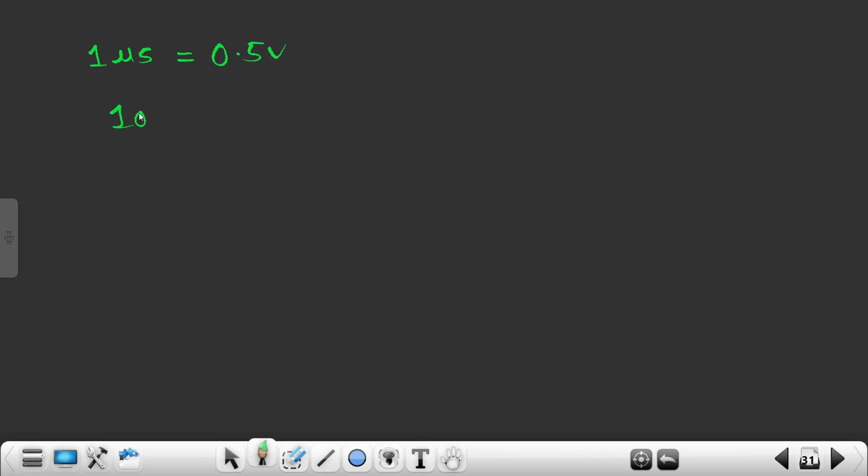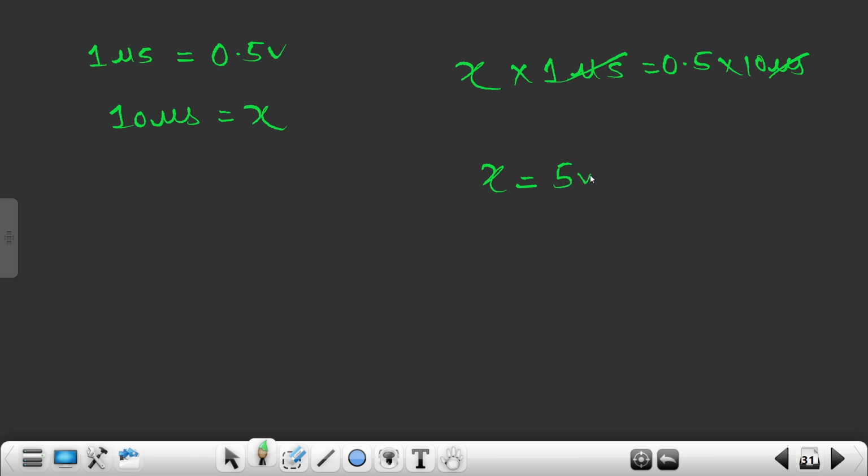So for 10 microsecond its value is x, and you just need to do cross multiplication. x times 1 microsecond is equivalent to 0.5 into 10 microsecond. The micro and micro get cancelled, and what we have essentially is x equal to 0.5 into 10, so this is 5 volts, okay. That means at 10 microseconds I will have a signal of 5 volts.